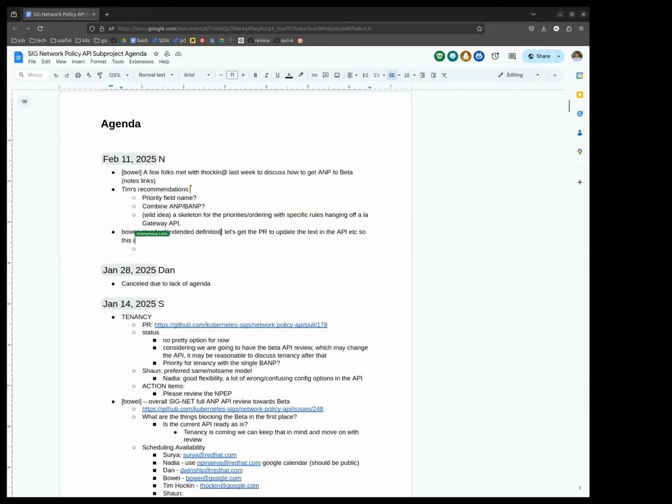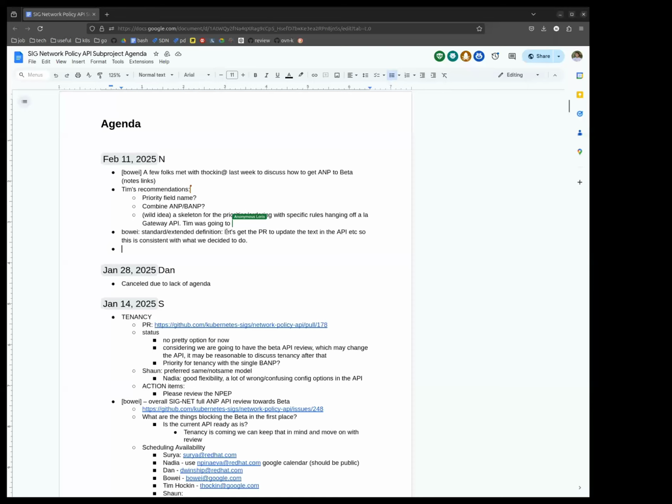We figured unless there is a very strong reason making some implementations not able to do that at all, unless we find such a field or such a feature, we didn't want to have extended features in ANP. We could maybe rethink that, at least after we write it down. I think that's what will be written down more or less.